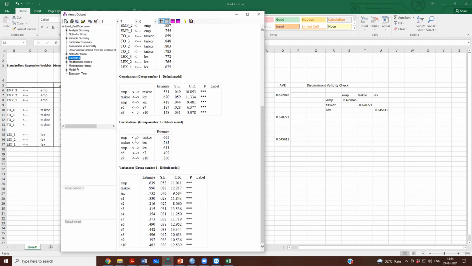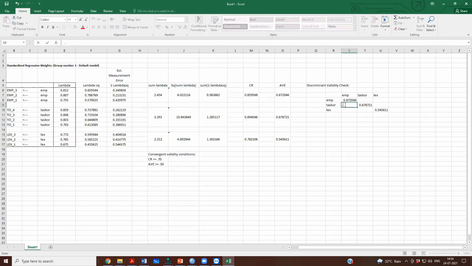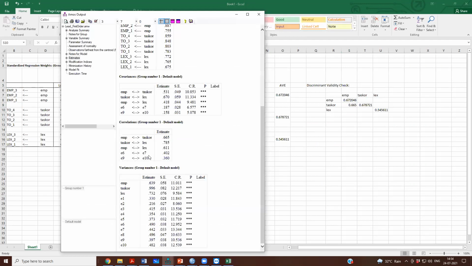So what is the correlation between EMP and task orientation? It is 0.665. Then what is the correlation between EMP and LEX? It is 0.611.